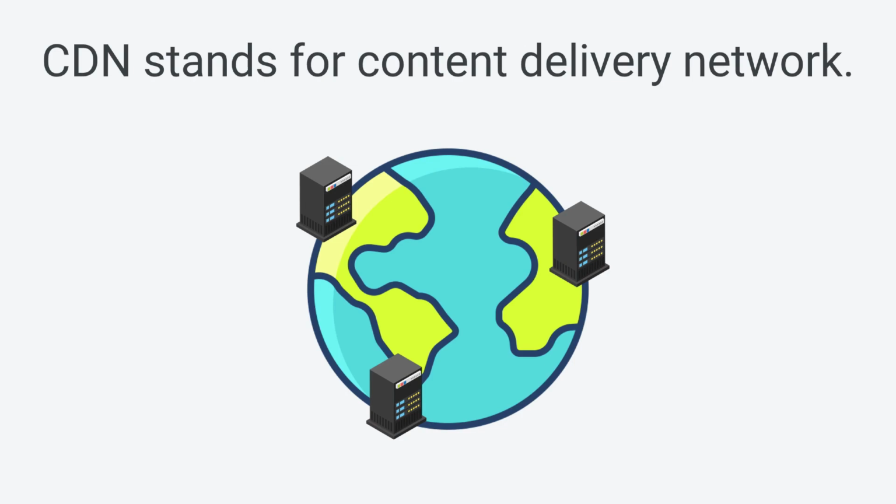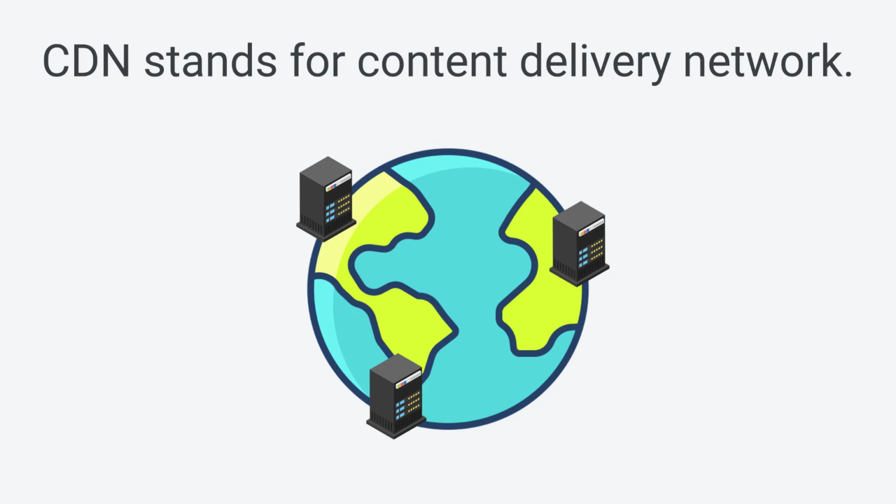Before a file is delivered to the user, the network will figure out what server is closest to the user. For example, if we're in New York, the CDN will deliver the file from a server located in New York. If we live in India, it'll deliver the file from a server located in India. CDNs are intelligent enough to deliver the file from a server closest to the user. This decreases the time it takes for a page to load.